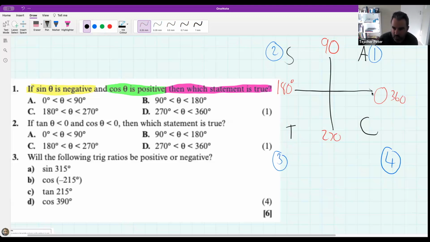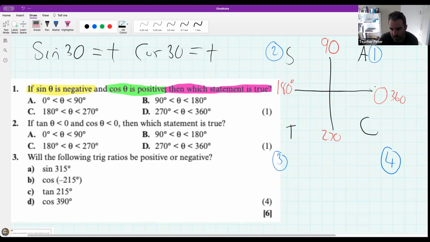So every trig ratio between 0 and 90 is positive. So for example, if I say the sine of 30, I know that will be positive. I don't even have to try it on my calculator. If I get the cos of 30, I can promise you it will be positive because that angle 30 is between 0 and 90, and all trig ratios between 0 and 90 are positive.